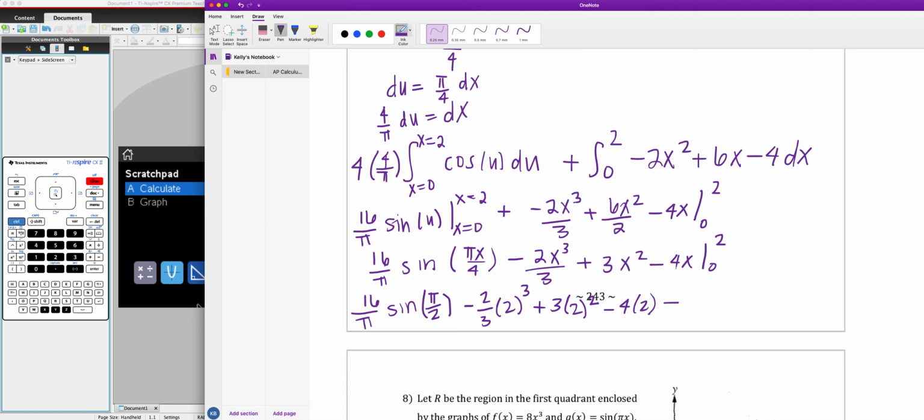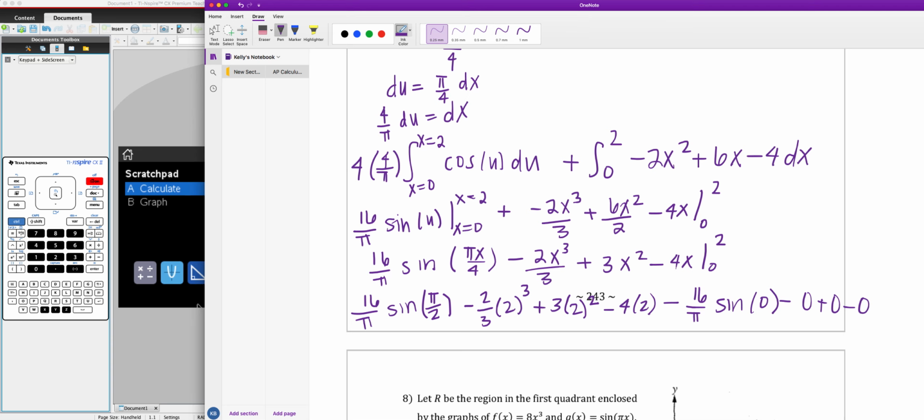Now minus, when I sub in the bottom bound of 0, all of this stuff with just the polynomial is going to cancel out, but I do sub it into the sine, so I do get minus 16 over pi sine of 0 in this case, minus, 0 plus 0 minus 0, so that's all very redundant. The last thing I have to worry about is evaluating my trig functions.